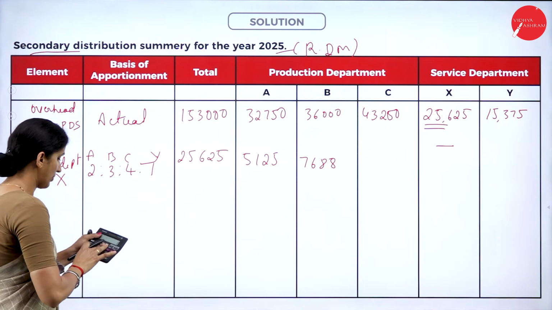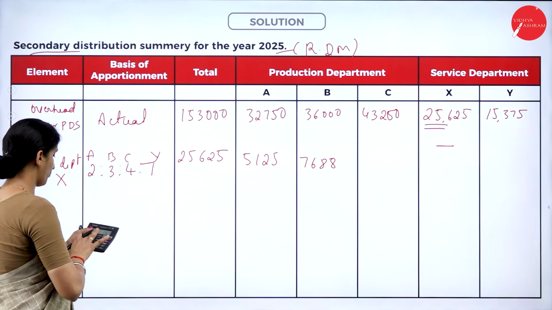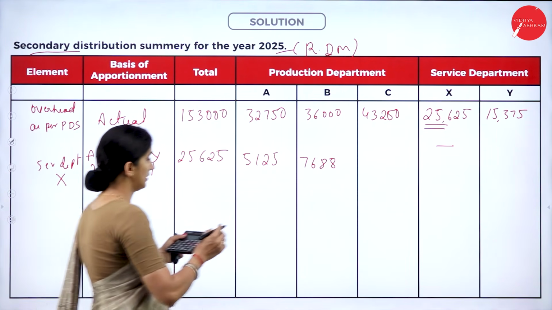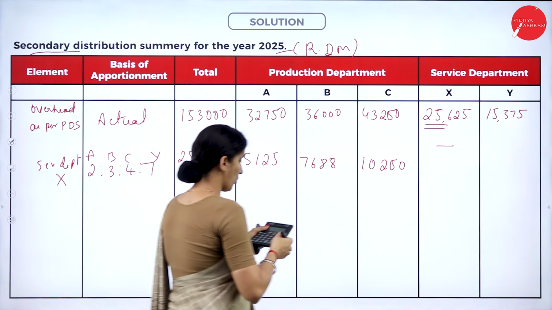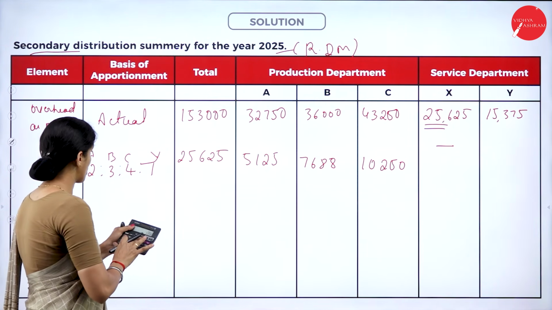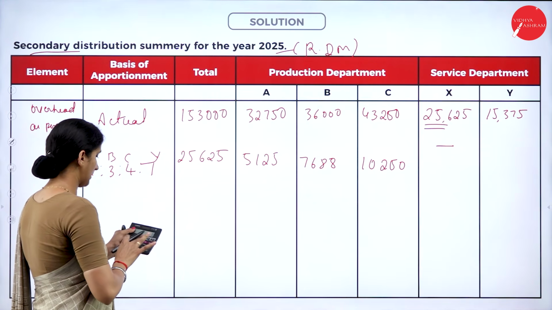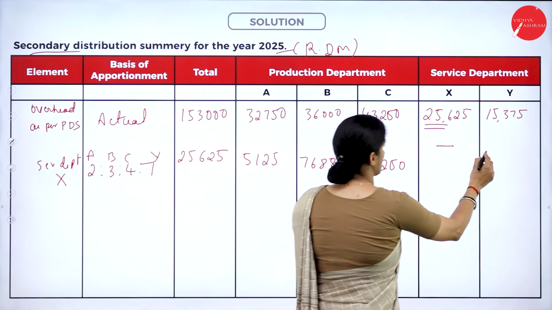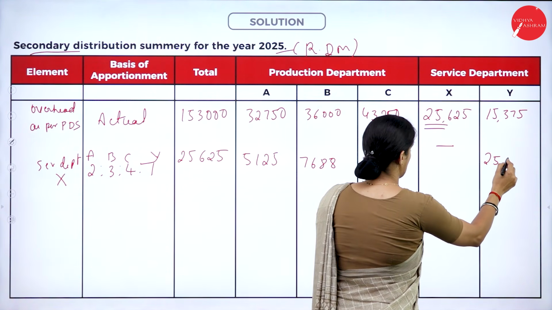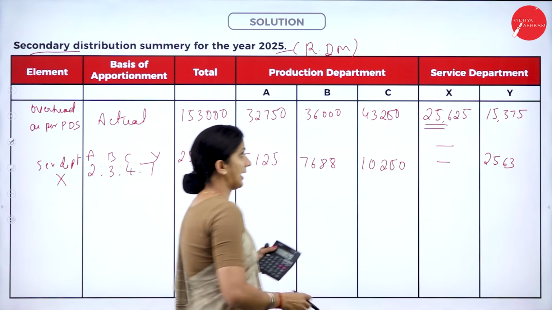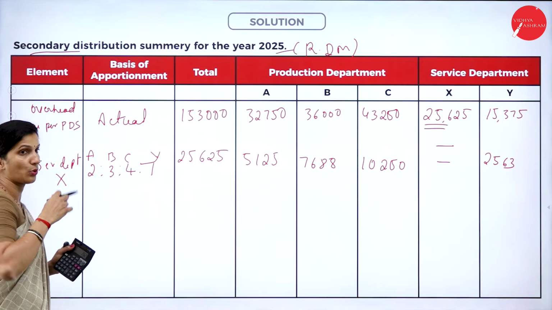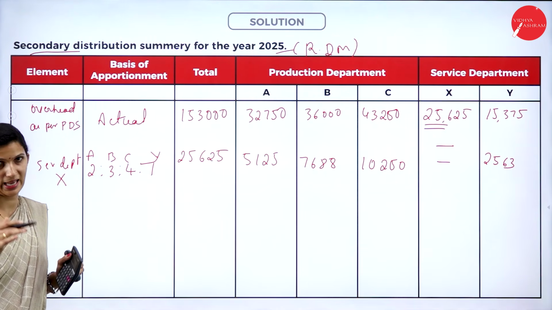Then for C, 25,625 into 4 divided by 10, it is 10,250. Then for Y, it is 25,625 into 1 divided by 10, it is 2,563. So we'll allocate X department overhead to all the departments except X.